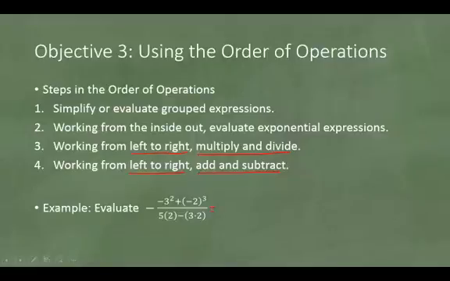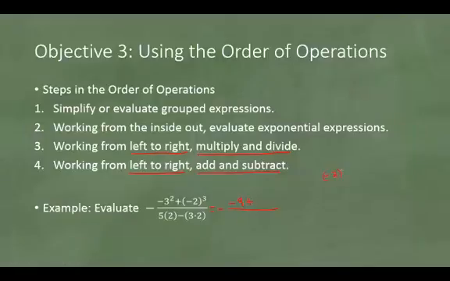So let's try this problem out. We're going to leave the negative alone. Just put the minus sign there. We're going to work with the numerator first. Leave this minus sign alone and square the 3. 3 squared is 3 times 3, which is 9. Leave the plus sign alone for now and work with this group term, negative 2 times negative 2 times negative 2.